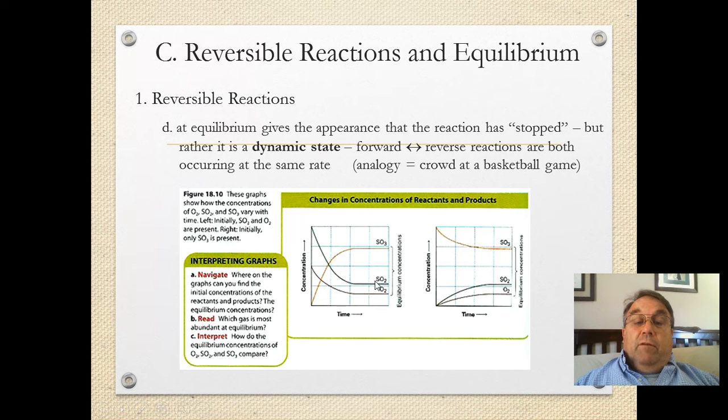So the rate of the forward reaction, the production of SO3 from SO2 and O2, equals the rate of SO3 turning back into SO2 and O2. So where the lines level off, we would say that the equilibrium point is at 2.2 units of time.